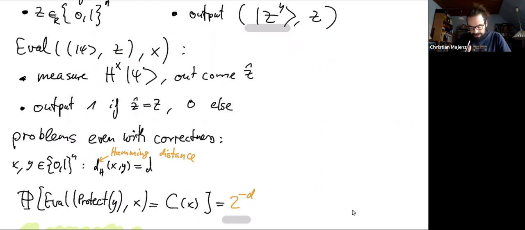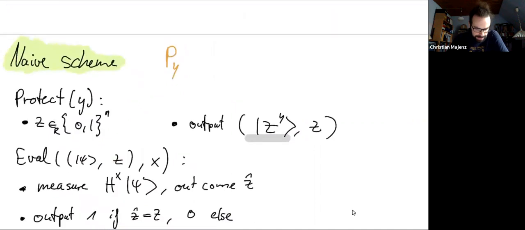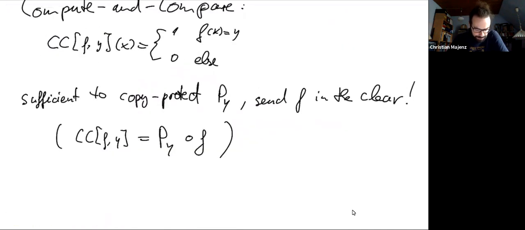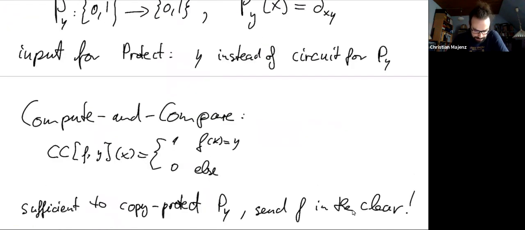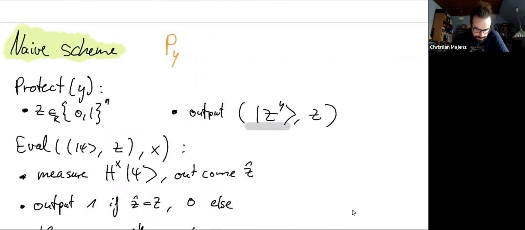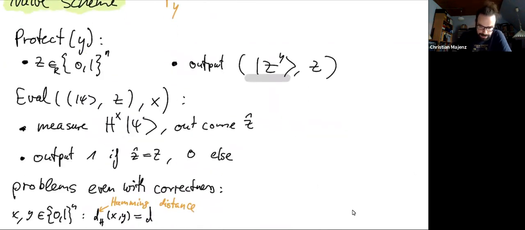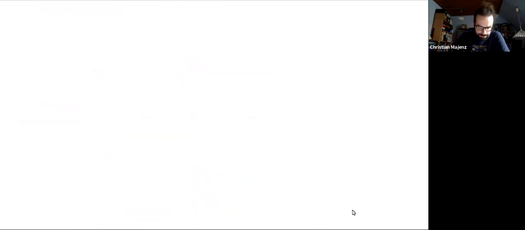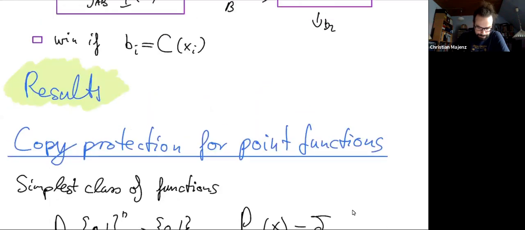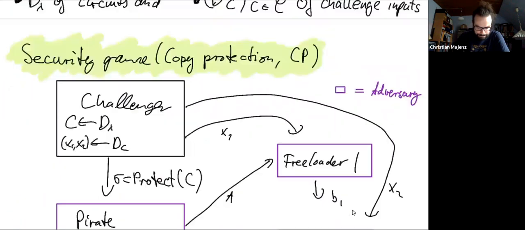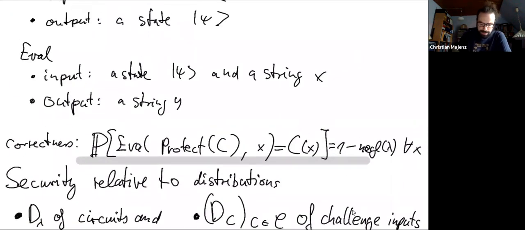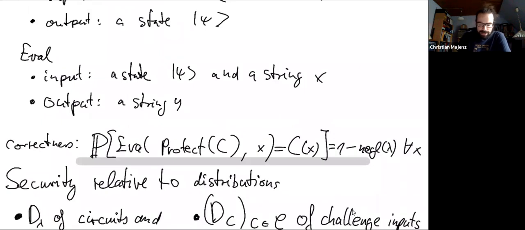And note that correctness is extremely important here, because one thing that I didn't talk about is the definition of evaluate. Here, in the definition of evaluate, we defined the output to just be the output string.